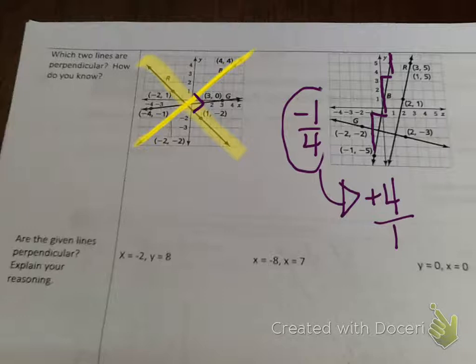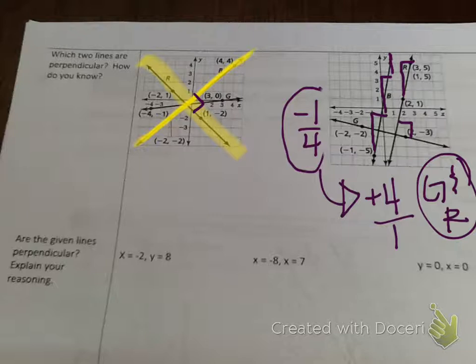Up 4, 1, 2, 3, 4 over 1. So lines G and R are perpendicular. This is my 90-degree angle because this line doesn't increase at a rate of 4 over 1.